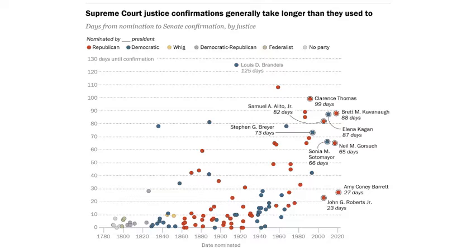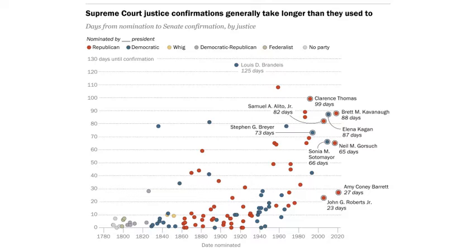Now, the amount of time that it takes has been increasing over time. In other words, it takes longer now than it used to. You can see back in the early years, the 1700s up until about 1860, at the bottom of this chart, it always took less than 10 days, right?